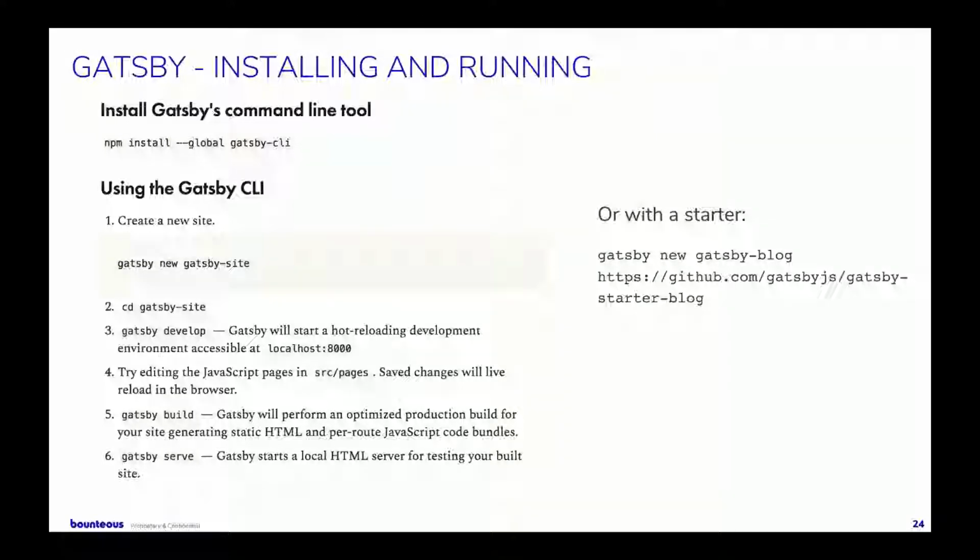So let's look at installing and running Gatsby. So you can install with NPM or Yarn the Gatsby CLI globally. And then you can run gatsby new and then the name of your Gatsby project. And then in that directory that gets created for you, you can run gatsby develop. And that's going to do a development build and start up a local web server.